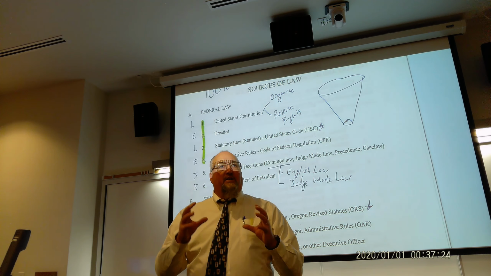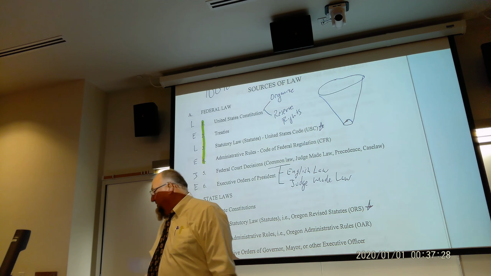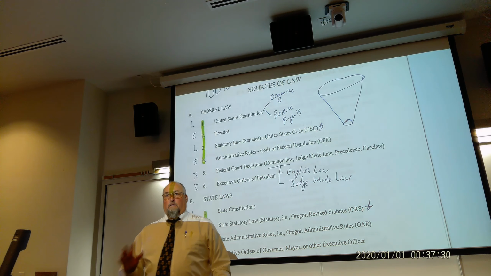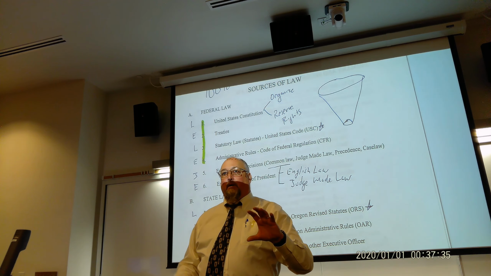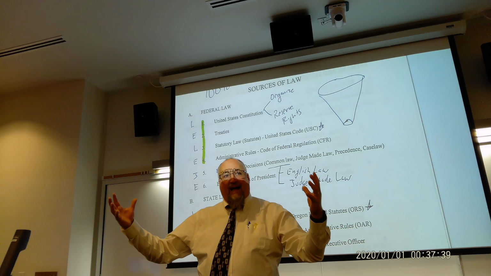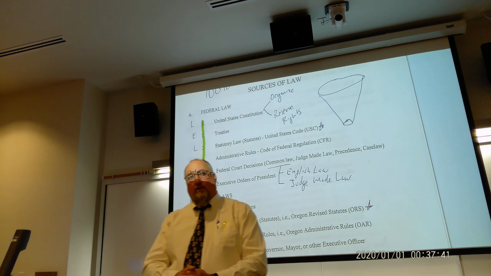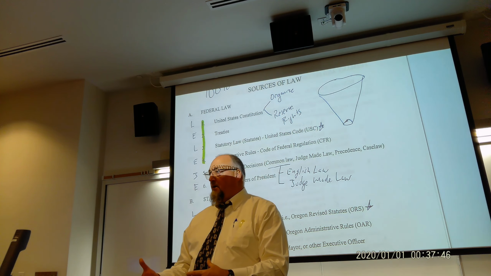But the idea of judge-made law is the second component of this term common law. The first component is the law that carried over from England. The second component over time is these hundreds of thousands of court decisions that have now created precedents throughout the United States.